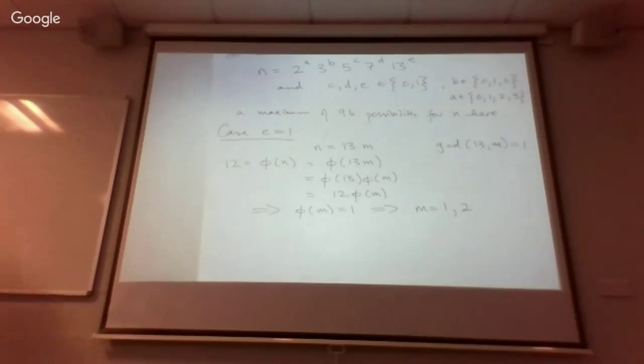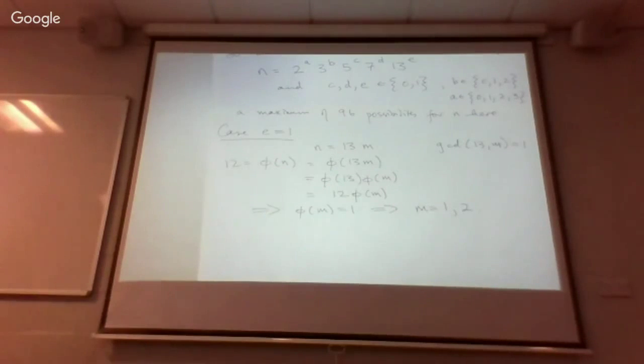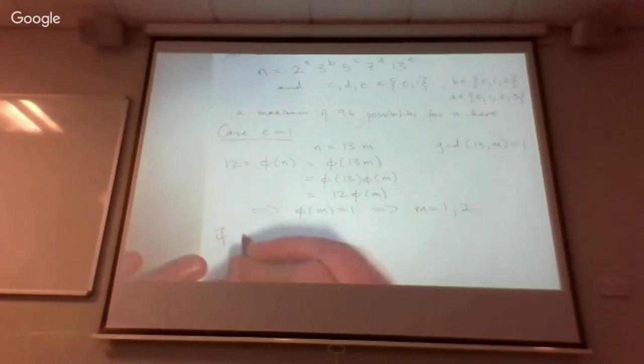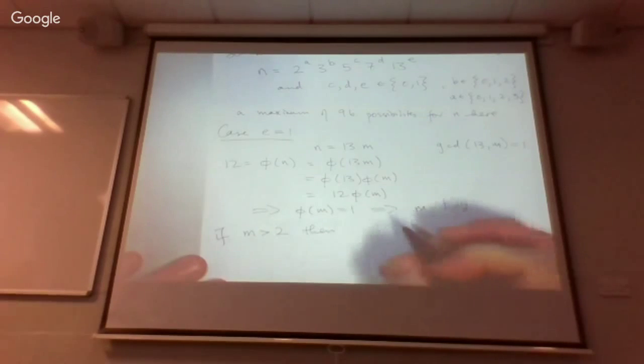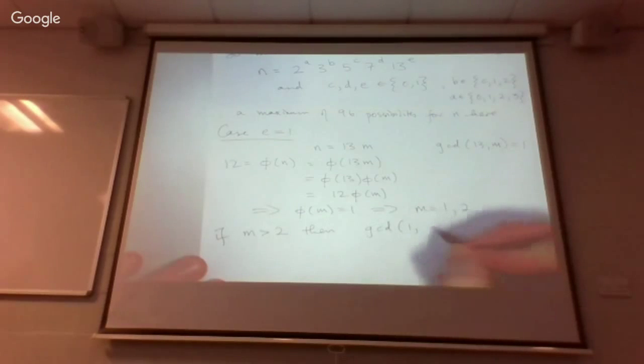Any number higher than 2, there's more than 1 number that is co-prime to it. Is that easy to prove? If m is bigger than 2, then the GCD of 1 and m, well, that's always equal to 1.